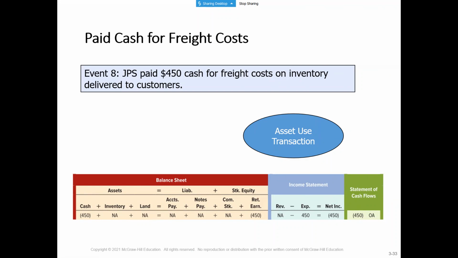Well, that's not part of their cost of goods sold. It's additional costs to that. So that would be a period cost called, again, transportation out. Transportation out, freight, shipping, whatever your accounting system uses. So that is an income statement account, an expense account specifically, but is not part of cost of goods sold.